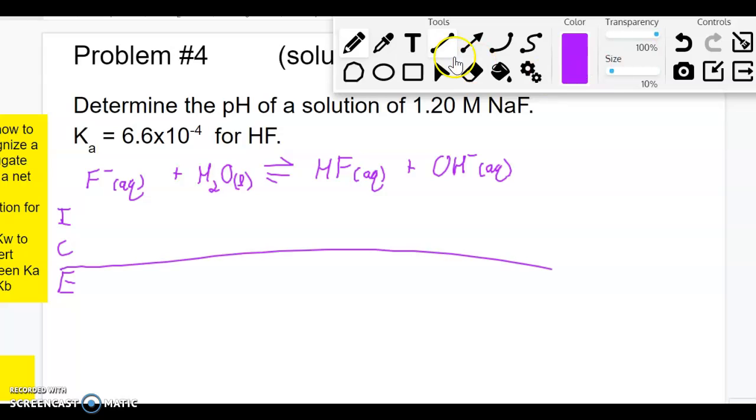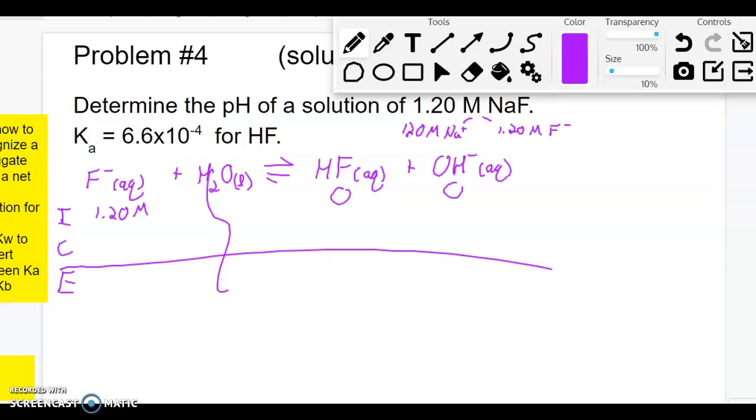And our concentration of F minus, because it came from this NaF, completely dissociates into 1.20 molar Na and 1.20 molar F minus. And that is our initial concentration of the F minus, okay? Because it splits into 1 mole and 1 mole of that. And water, we don't have to worry about.